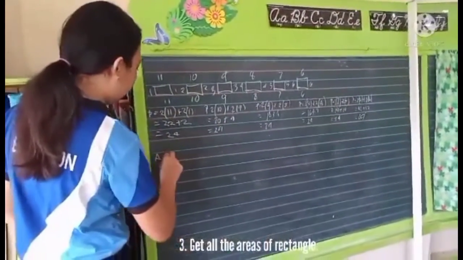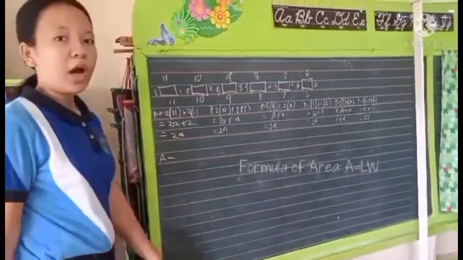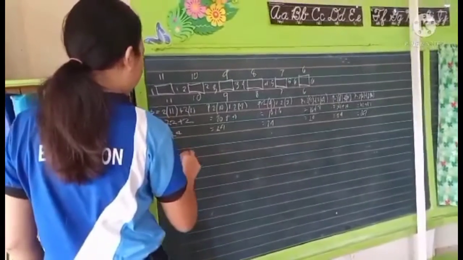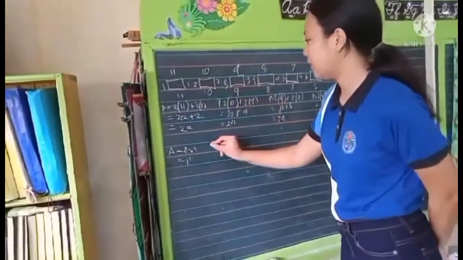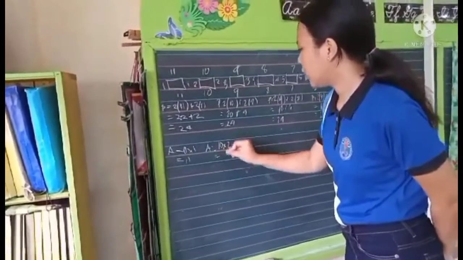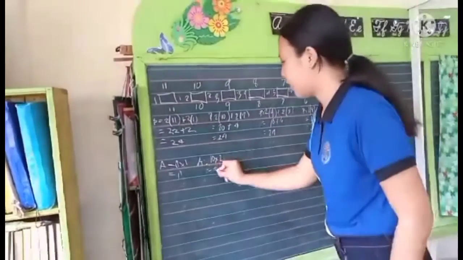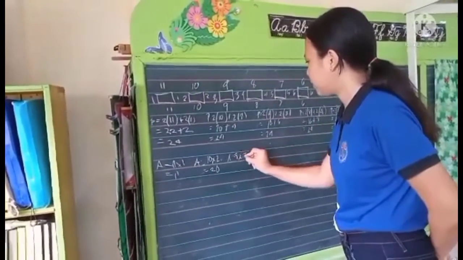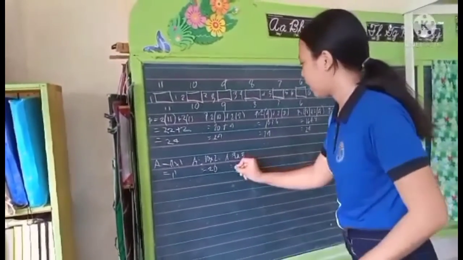Get the area. Ang area po ay equals to length times width is equals to 11 times 1 is equals to 11. Then, yung isa naman po, yung nasa taas, A is equals to 10 times 2 is equals to 20. Then, yun naman po, A is equals to 9 times 3 is equals to 27.